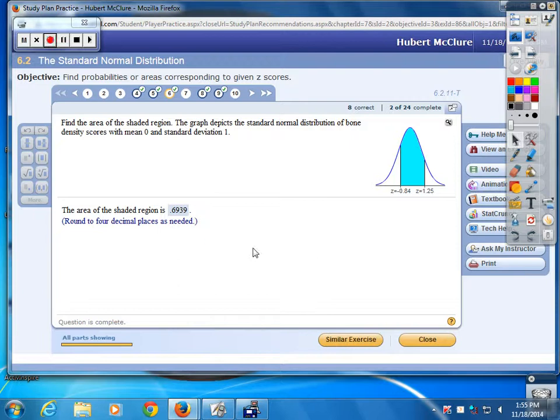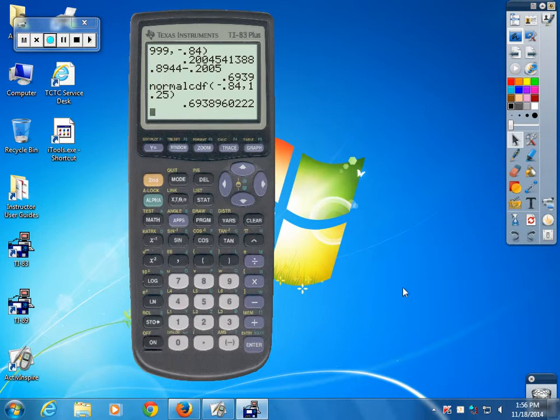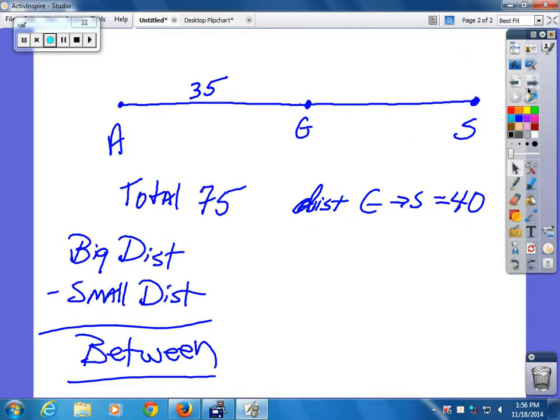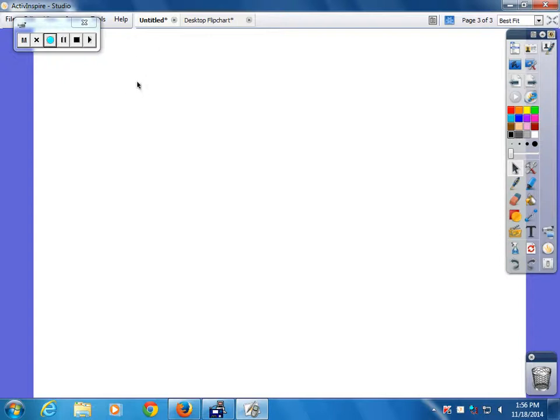That's it. Now, what's the difference between 6.2 and 6.3? The only difference is that in 6.3, the mean and standard deviation are not equal to 0 and 1.